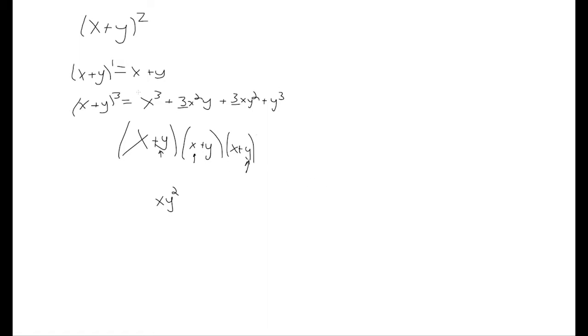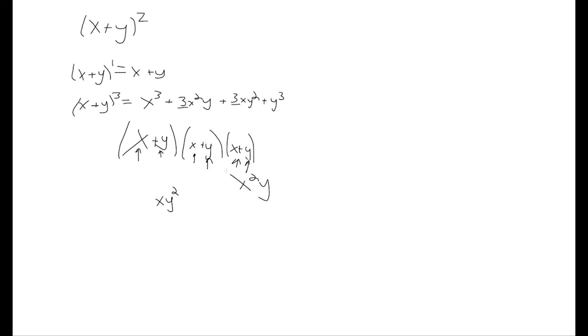But there's only one way to get x cubed, and only one way to get y cubed, because that means they're all going to have to be x's, or they're all going to have to be y's. Anyways, all of these combinations will happen when they're being multiplied together. So if maybe this is an x, then this is a y, then this is an x, that's going to produce an x squared y.